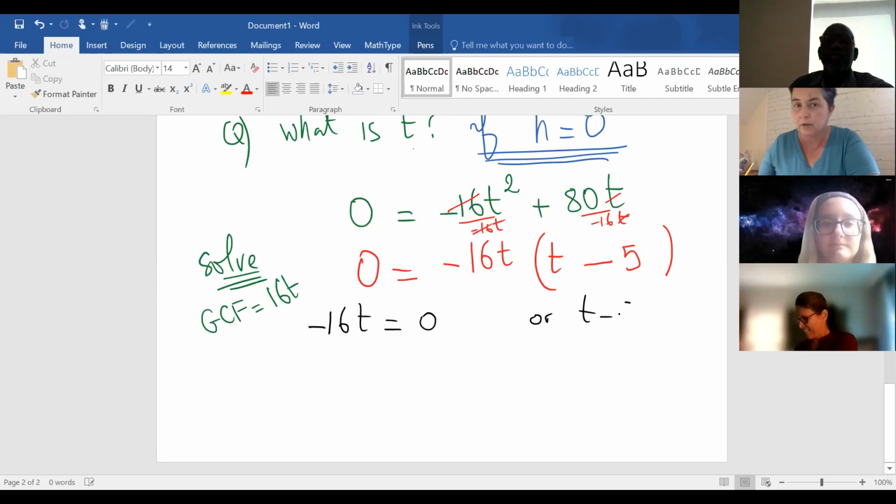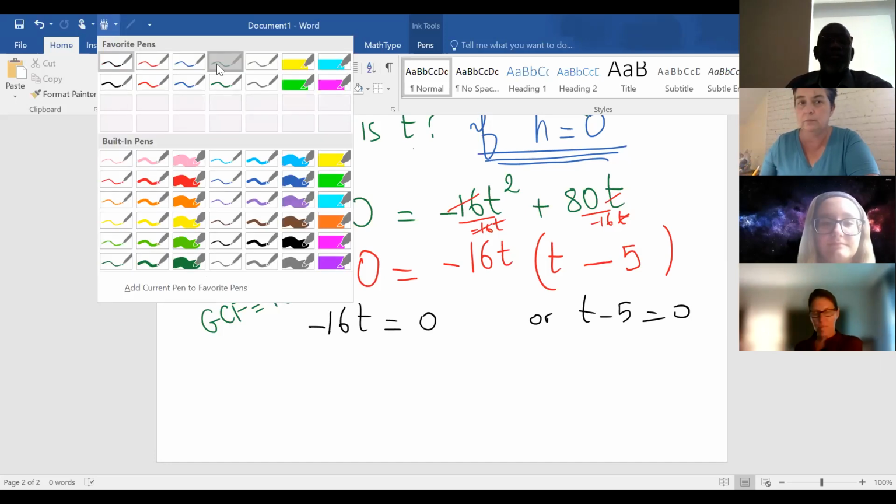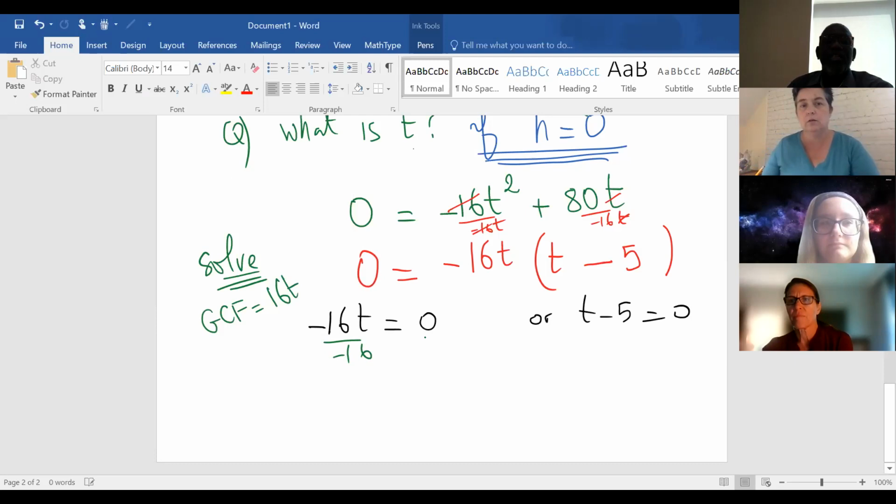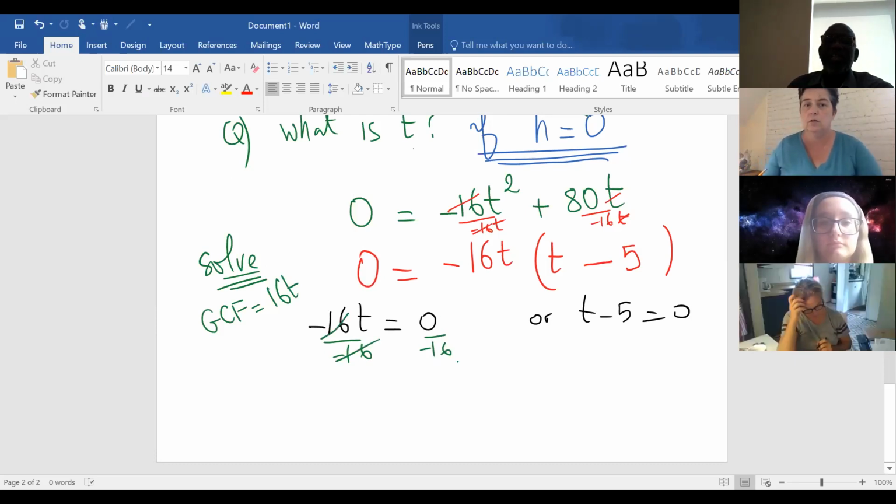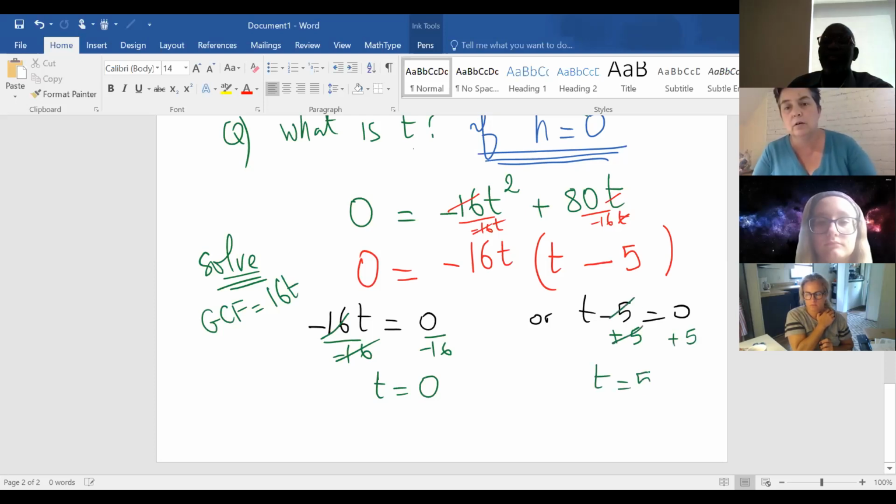Yep. So we divide by negative 16 on the left side, and we divide by negative 16 on the right side, right? When we divide 0 by any number, what do you get anyway? 0. T equals 0, right? And here plus 5, here plus 5, right? We get t equal to 5 seconds.